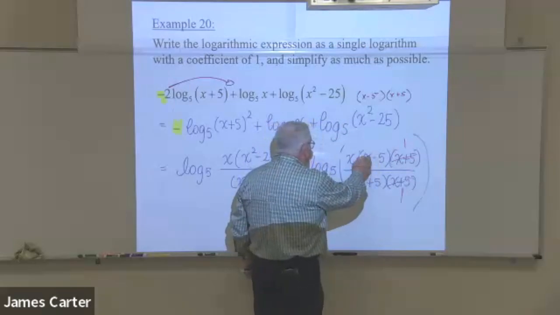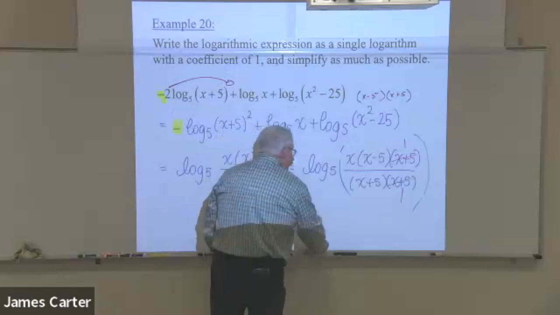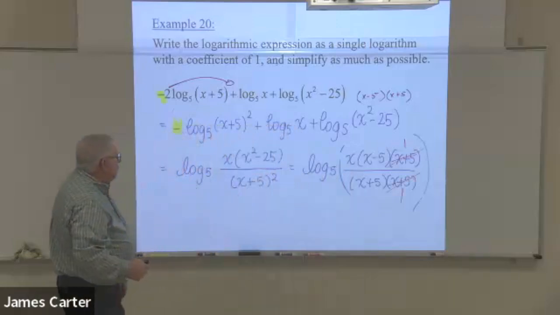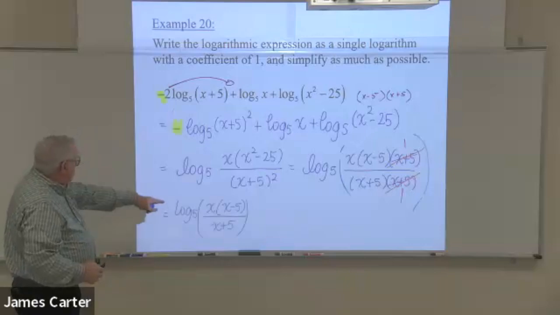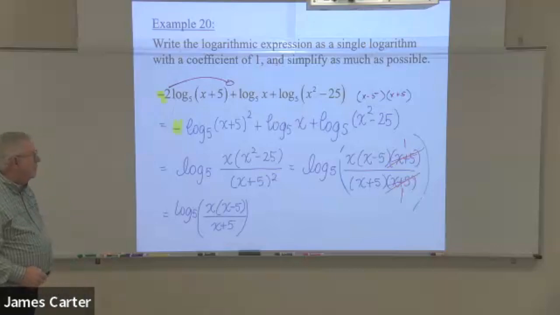These two are going to have to stay there. And also that x. So here's what you're going to end up with on this. For some reason, I was thinking it was x plus 5, x minus 5 on both the numerator and the denominator, and not paying it close enough attention.